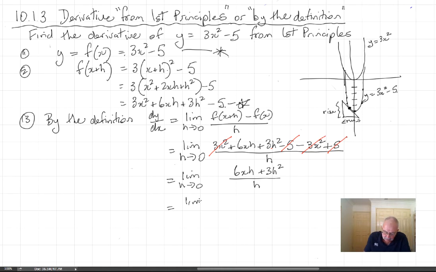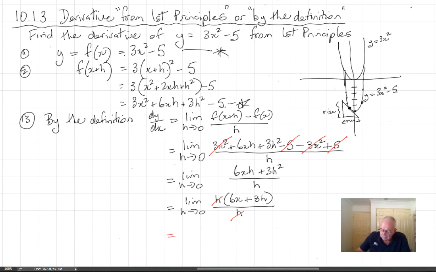So we still write this limit as h approaches 0. We can factorise and take h outside the front: h times (6x plus 3h), all over h. Now we can cancel this h with that h. And now we can go and substitute in.